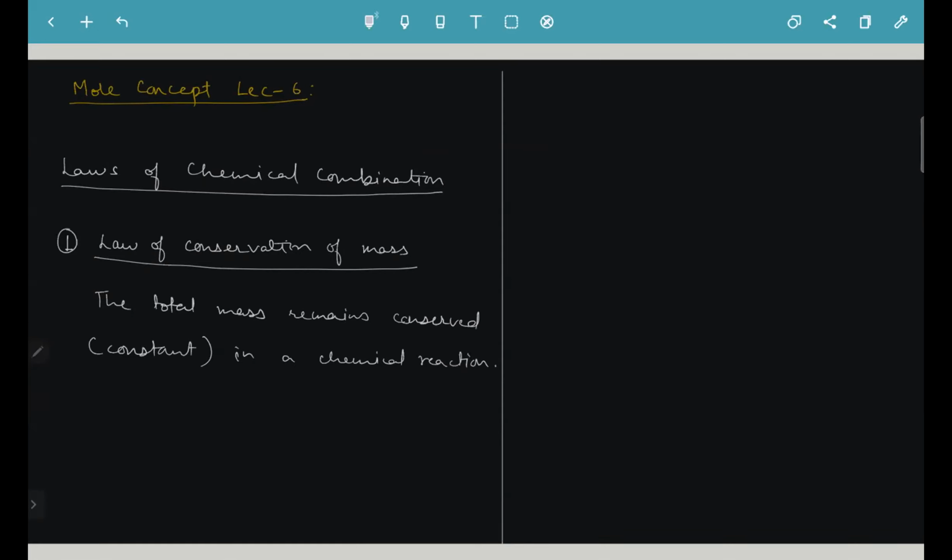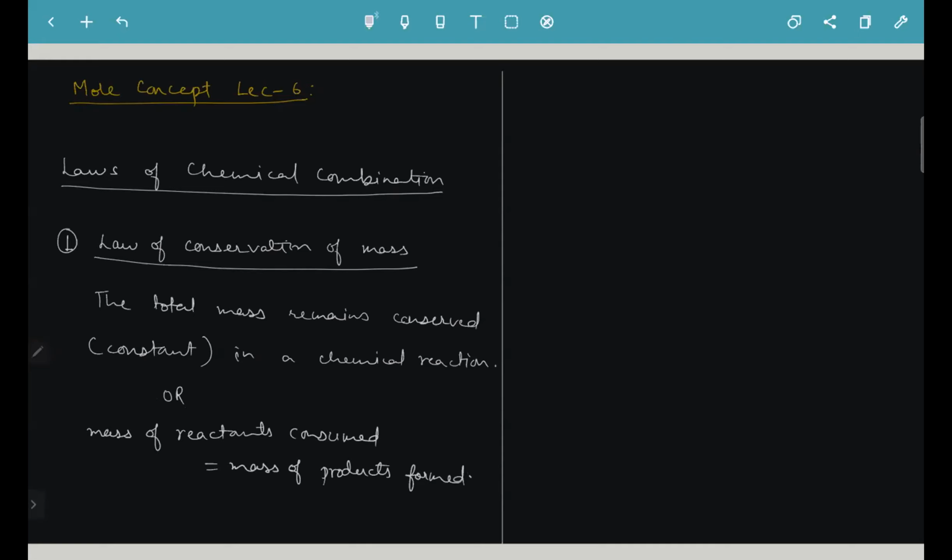In other words, the mass of reactants consumed is always equal to the mass of products formed. Total mass does not change.